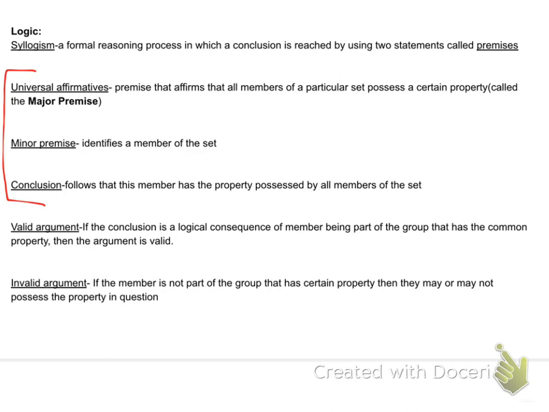It's valid if the conclusion is a logical consequence of a member being part of the group that has the quality, then they have that property. It's an invalid argument if the member has the quality but is not even part of the group.